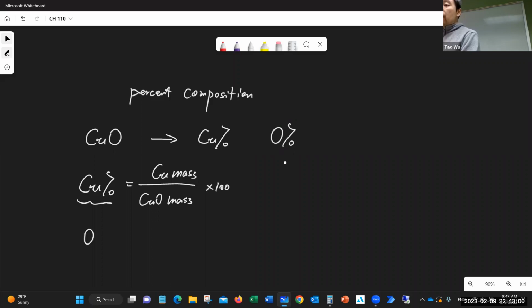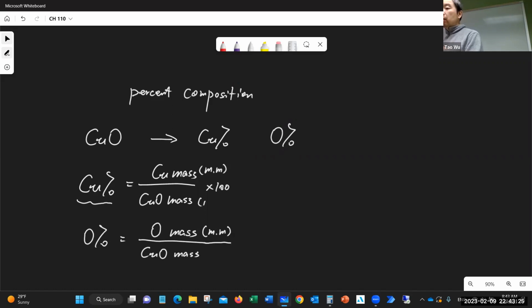The oxygen is doing the same thing. You can use the mass of the oxygen over the mass of the copper oxide, or as we talked about last time, you can also use the molar mass. Mass and molar mass can both do the same work.